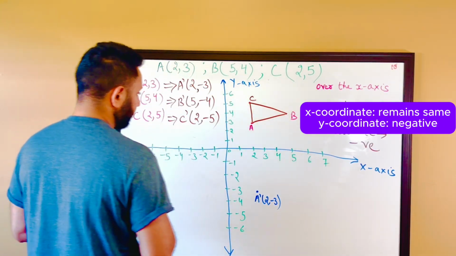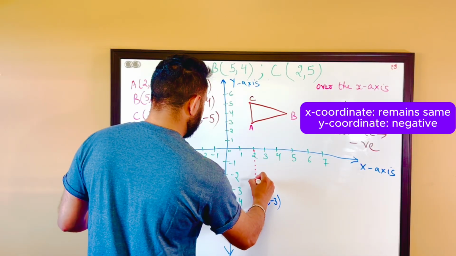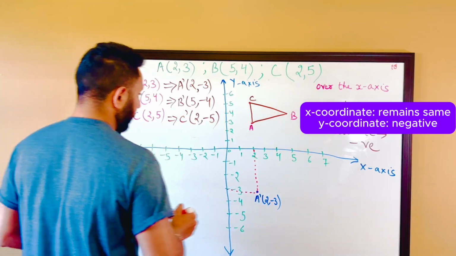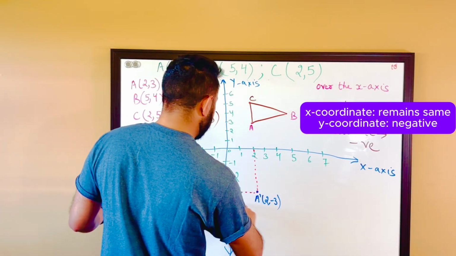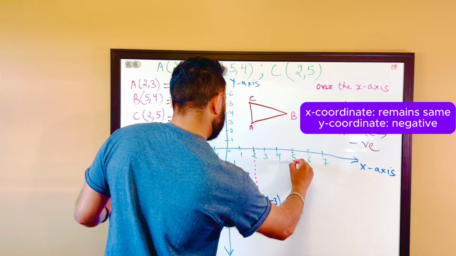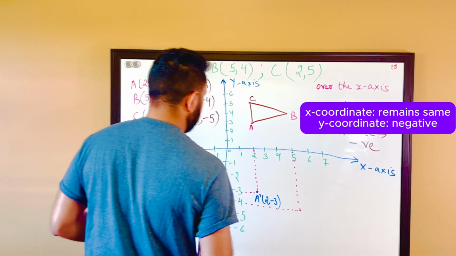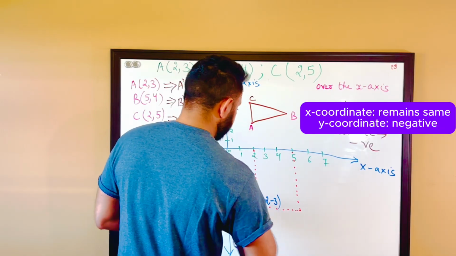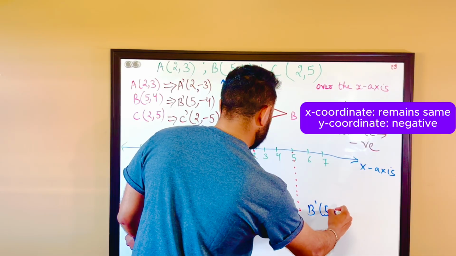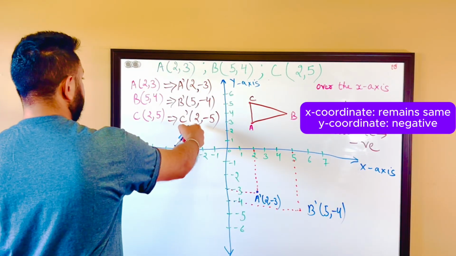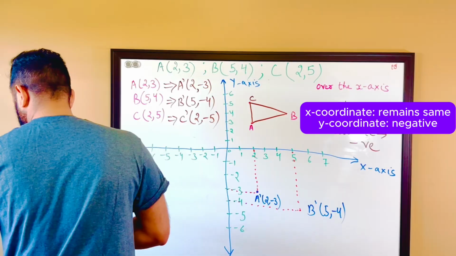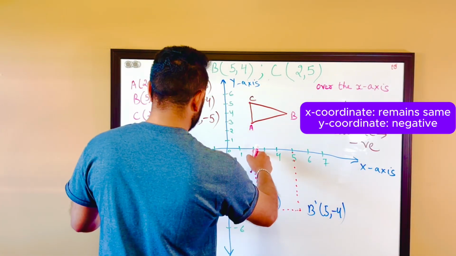So that means 2, minus 3, and 5, minus 4. So this is our B dash, 5, minus 4, and C dash, 2, minus 5.